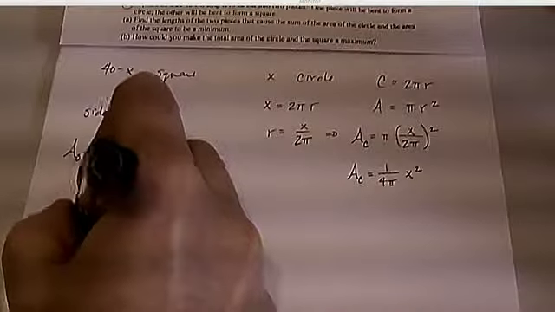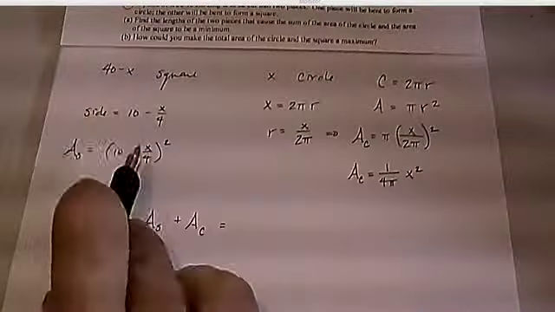So if you want to find the maximum and the minimum of their cumulative area, you need to add those 2 areas together. Therefore, area in general is going to be area of the square plus area of the circle.